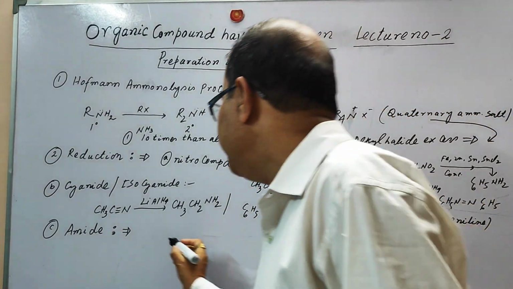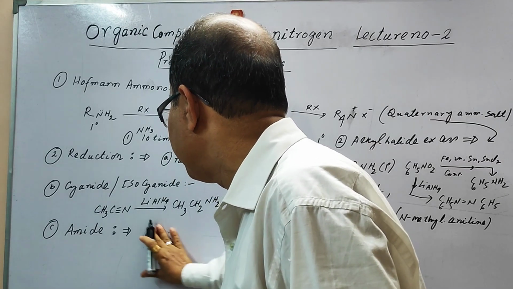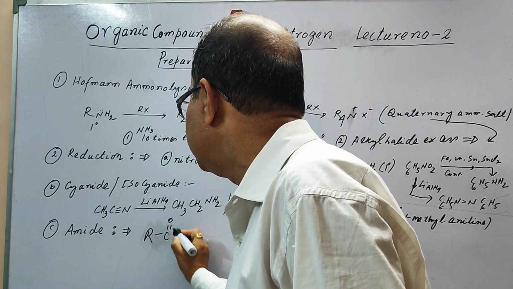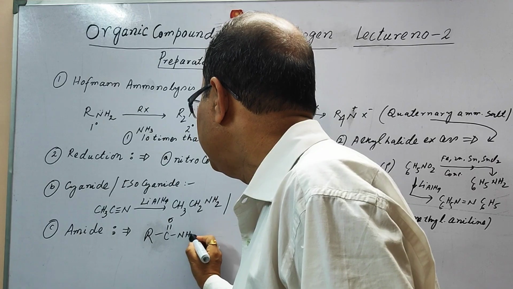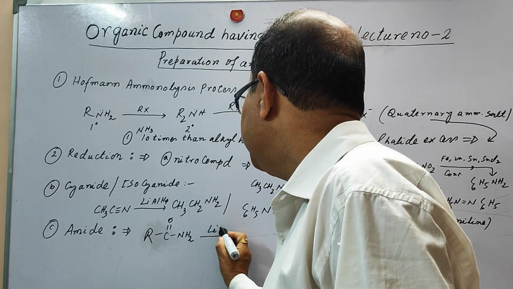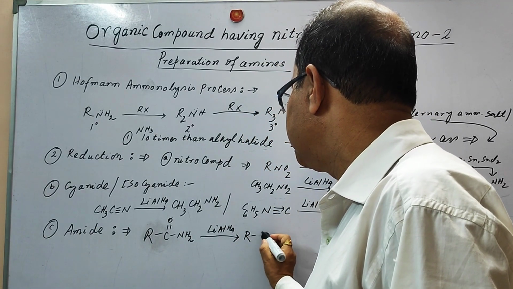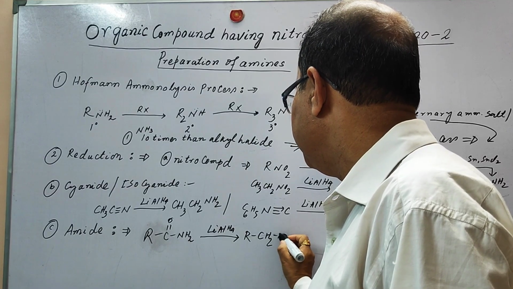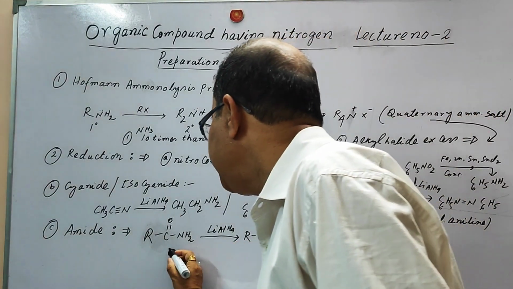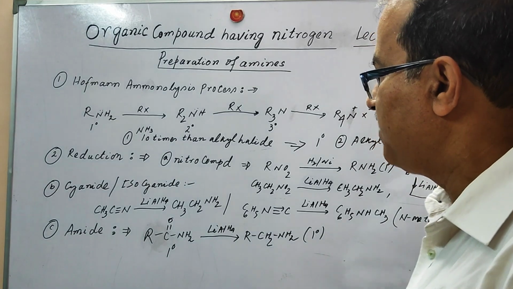Suppose you are using this 1 degree amide, and the reducing agent is lithium aluminum hydride. It is going to produce the 1 degree amine, that is the primary amine.